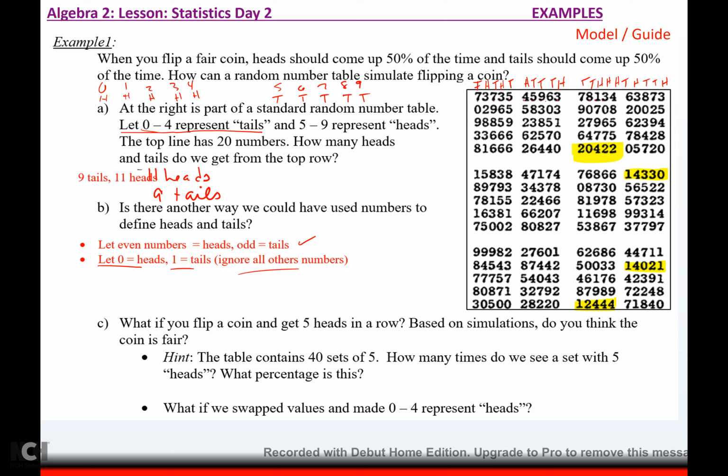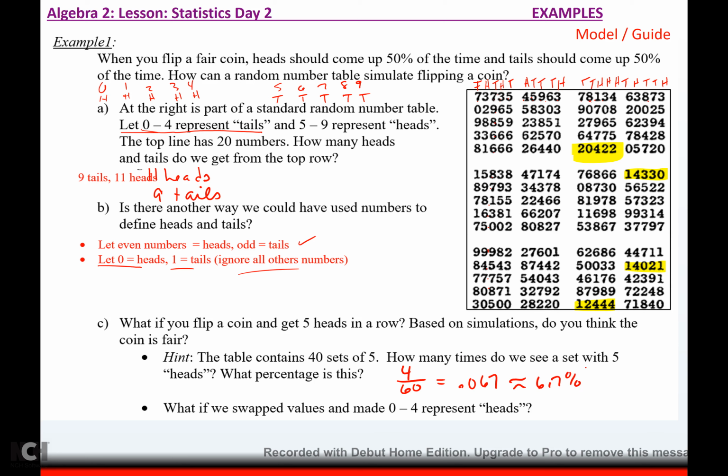So if I calculate that probability, it only happened 4 times, and if you count, there's 4 across and 15 down. 4 by 15 means there's 60 sets of 5 there. So my probability, if you type that in, is 0.067, which is about 6.7%.